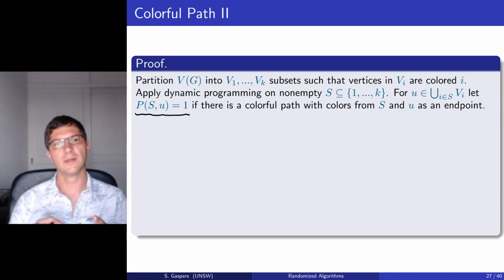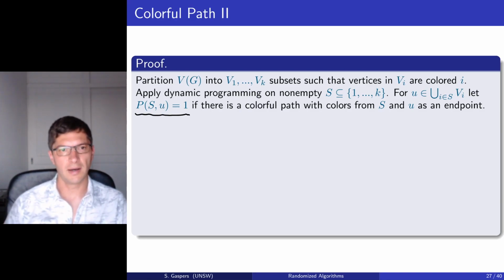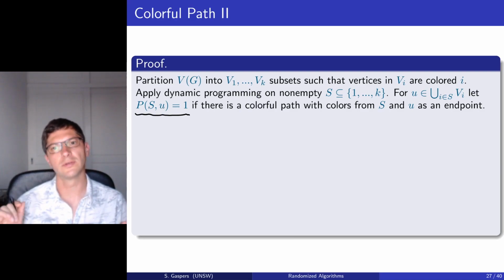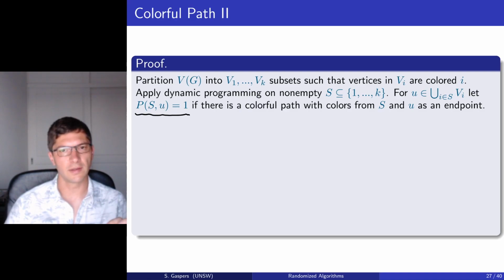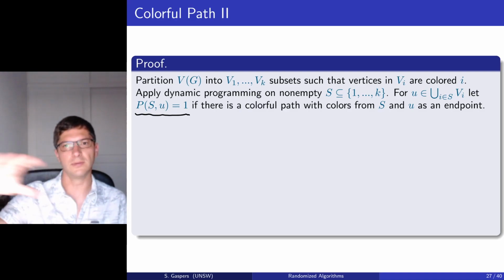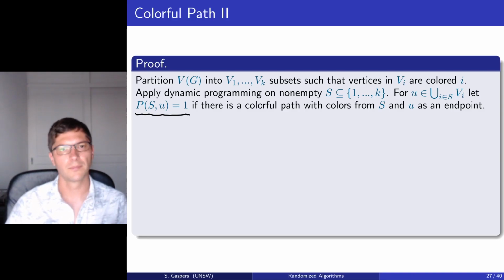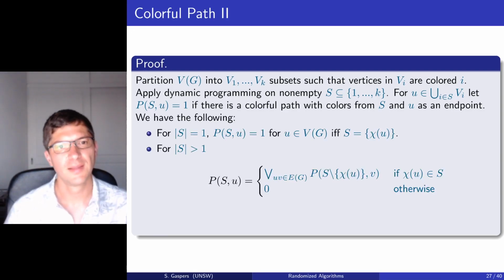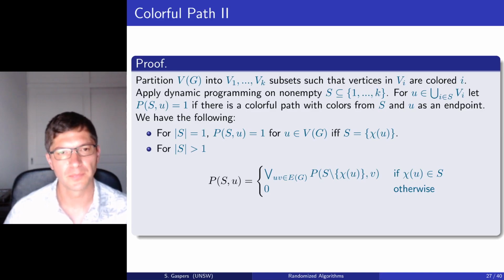So in that case, there's some path with cardinality of S many vertices, and U is one of the degree 1 vertices of this path. These are the things that we want to compute, and we want to build them up from small S to large S. Now we have the following recurrences.